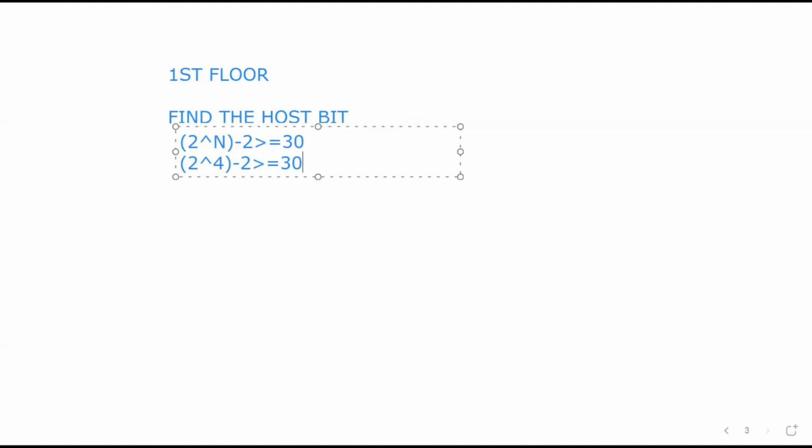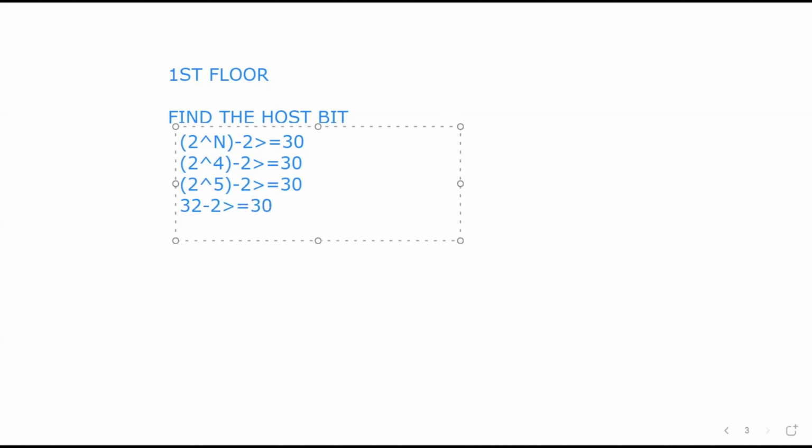Then put 2 to the power 5, which is 32. 32 subtract 2 is greater than or equal to 30. So the value of n is 5.